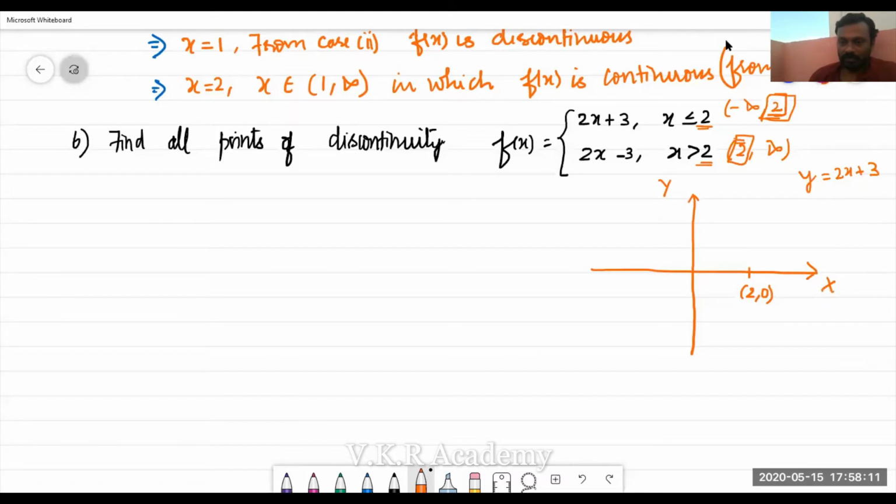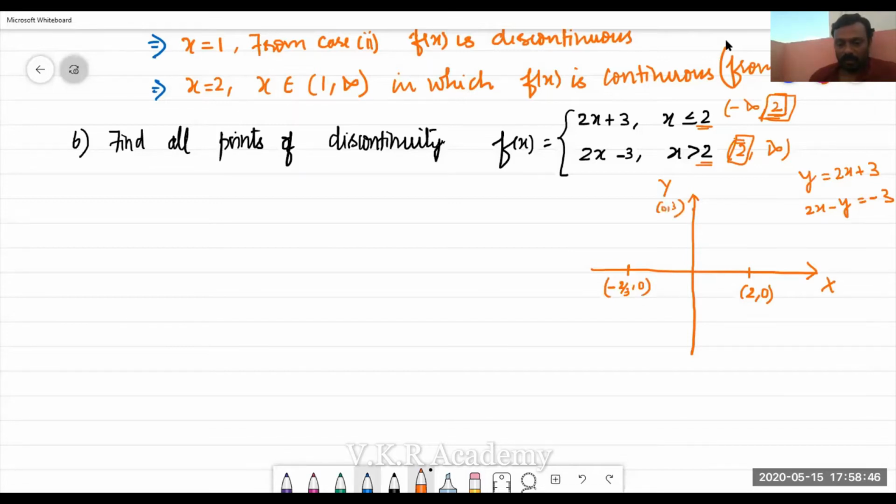That means 2x minus y is equal to minus 3. So this is how the graph would be. It will have the x-intercept at minus 3 by 2 comma 0 and the y-intercept will be 0 comma 3.